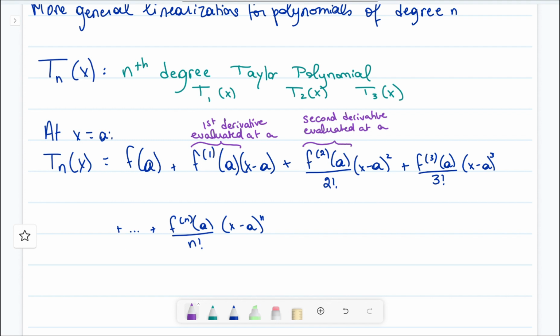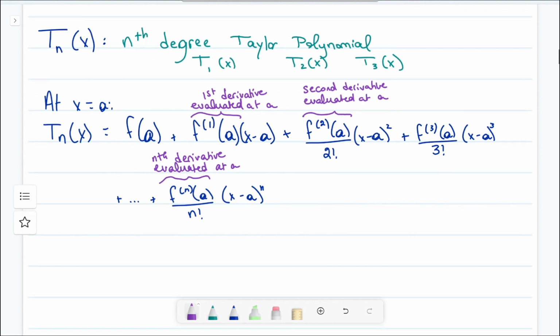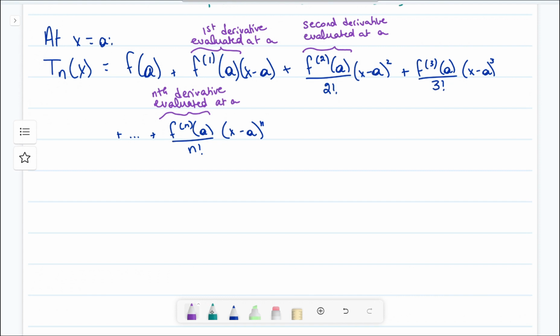And then this keeps on continuing until we get the nth derivative evaluated at a. We multiply it by x minus a to the power of n and we divide it by the factorial of n. Just a reminder of factorials.